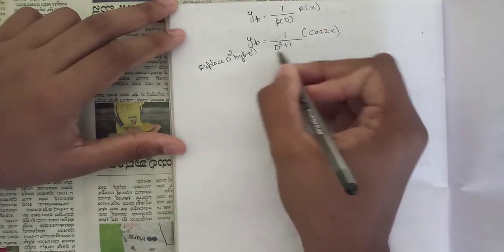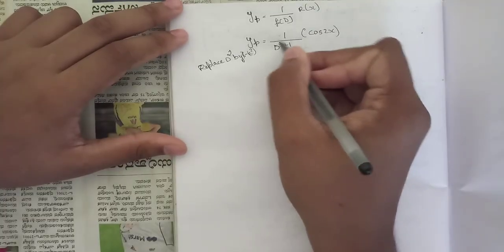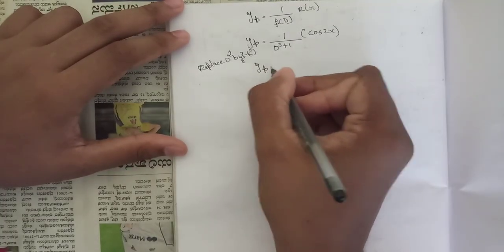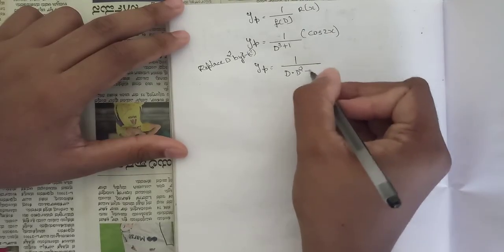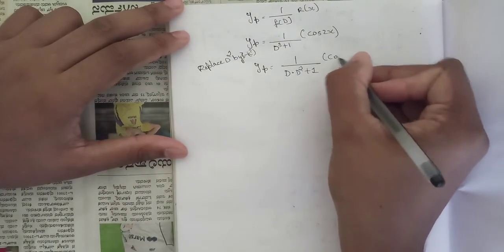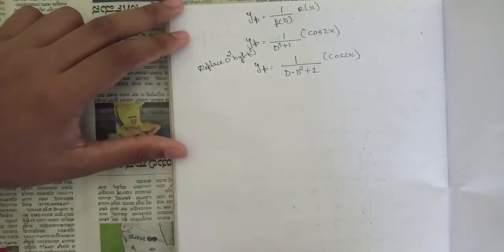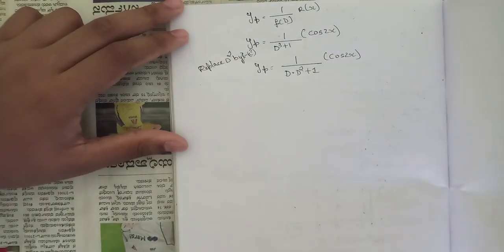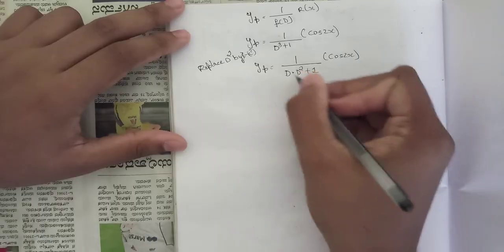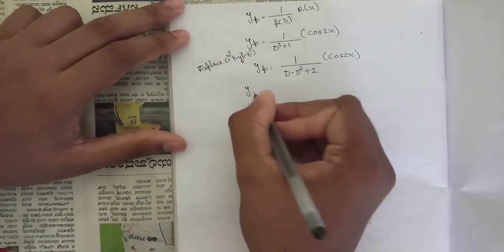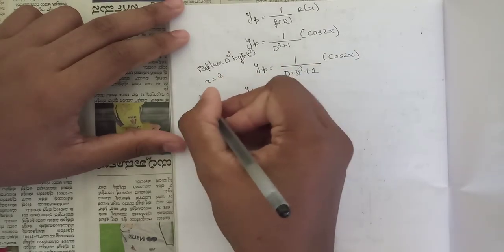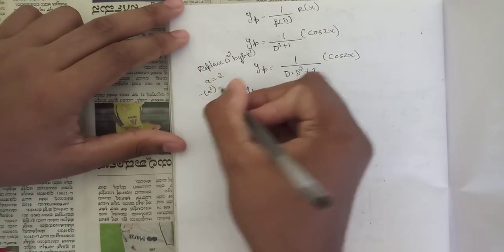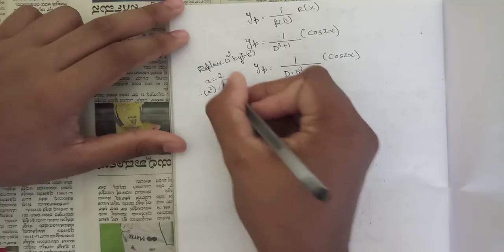So in order to bring the D square term, split this D cube; that is, we can write D cube as D into D square, so 1 divided by D into (D square plus 1) cos 2x. So now here we have a D square term. We know that the value of a here is 2, so minus a square would be minus 2 square, that is minus 4.